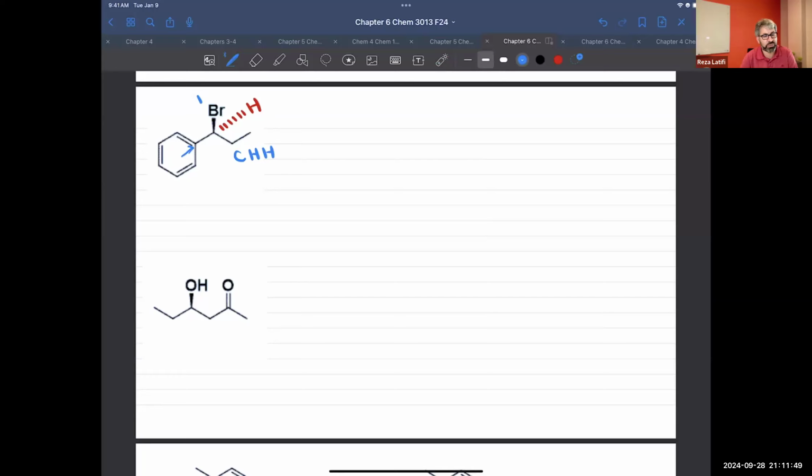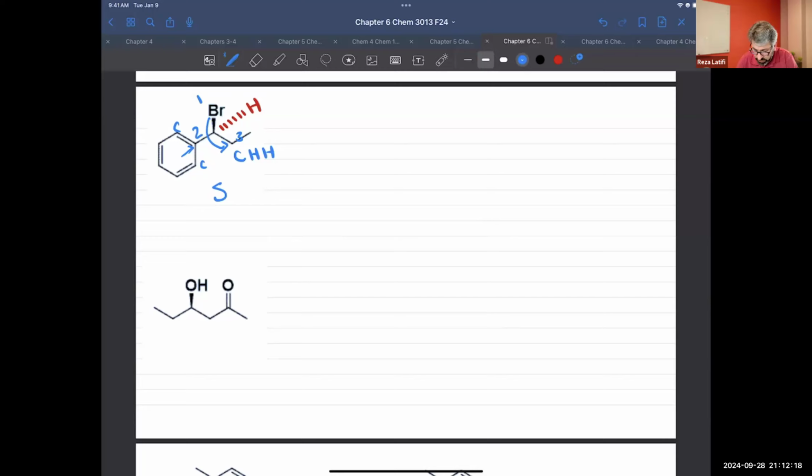That carbon is involved in a double bond and is attached to 2 carbons. That's going to get higher priority because you have at least 2 carbons there. And when we have a double bond, we need to add one more carbon to it. So this one is going to get higher priority. This is going to be number 2, and that one will be number 3. In that case, the rotation is going to be counterclockwise, and this one will be S configuration.